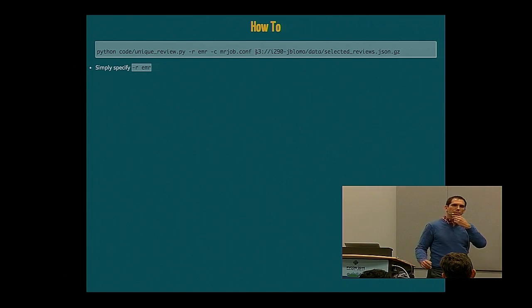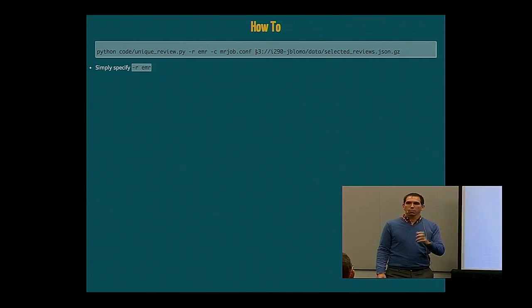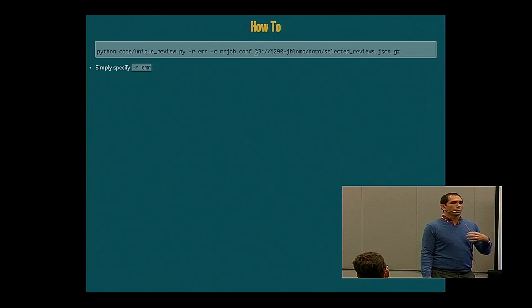There are some questions in back about how this works for regular Hadoop clusters. It works very similarly. For regular Hadoop clusters, we specify where that Hadoop cluster is and how to connect to it, typically SSH.